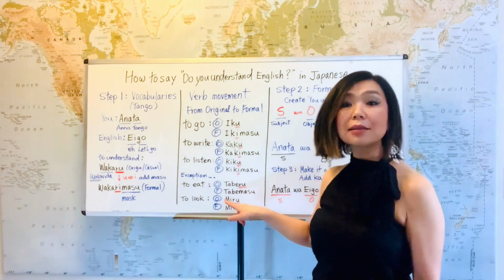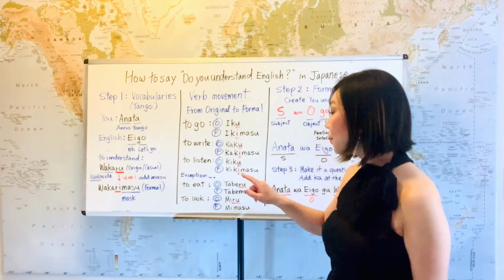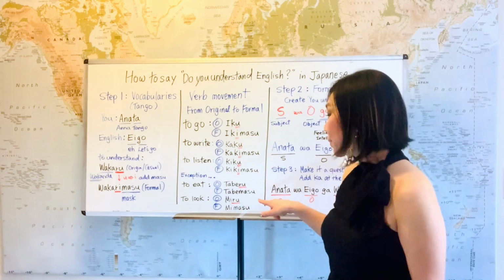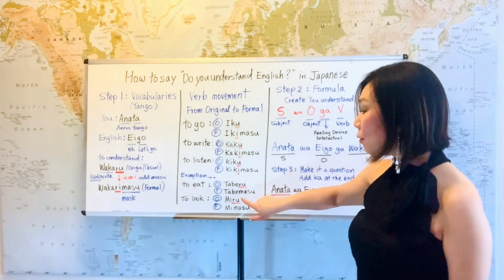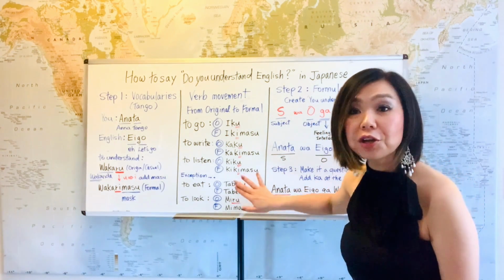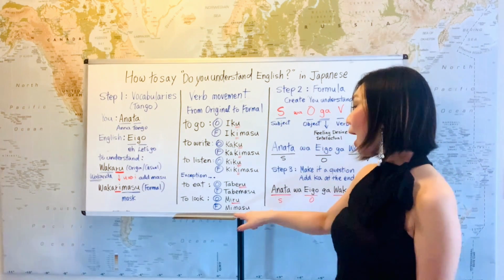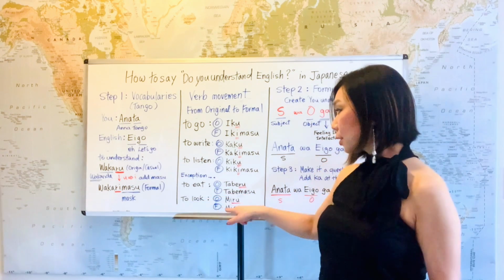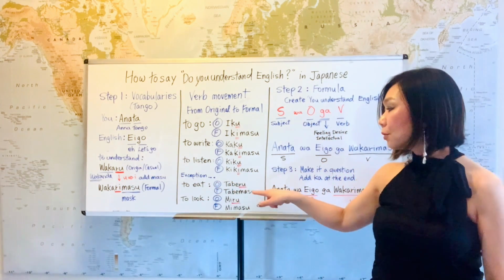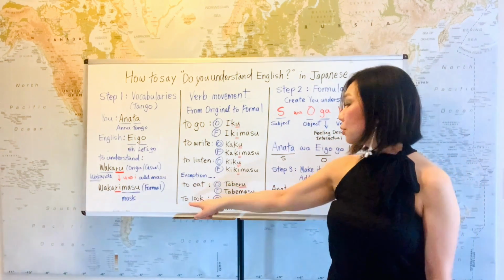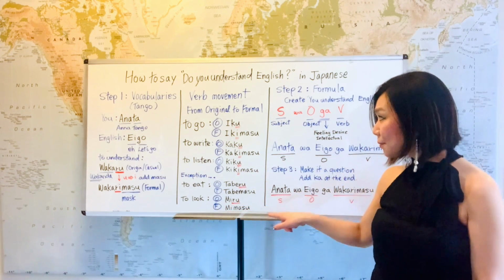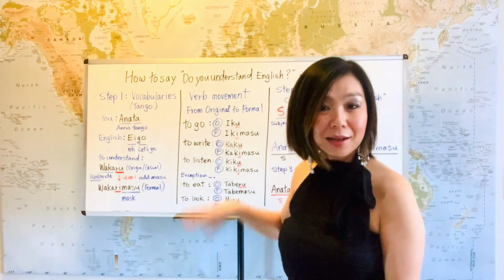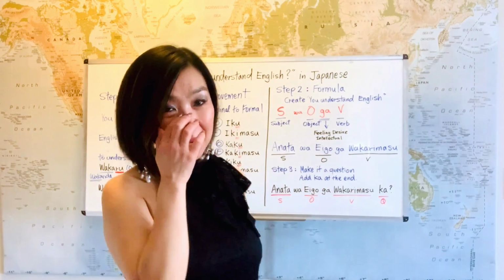Original way is miru. Remember, R becomes L, right? Miru. And to make it a formal way, we're going to remove ru completely. Just remove it and then add mas. Mimasu. So that's to look. To eat, taberu, tabemasu. To look, miru, mimasu. So this is just a quick lesson about the verb movement, okay?